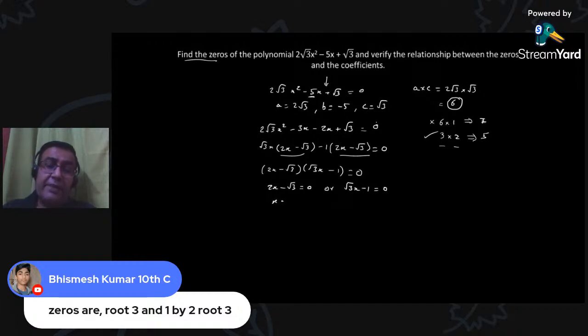Then finding the value of x, root 3 goes to the other side, so root 3 upon 2, or in this case, 1 goes to the other side, 1 over root 3.